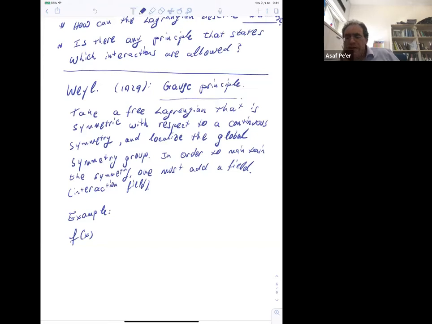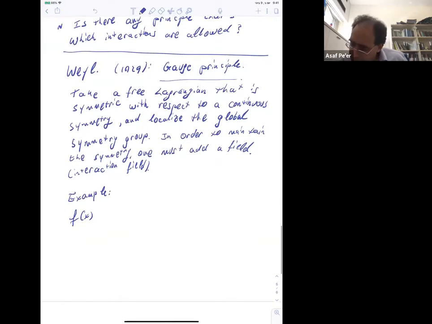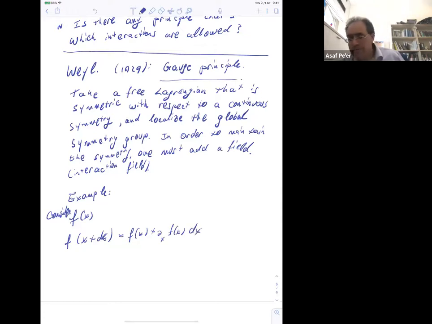Then consider the value of the function at x plus dx. It is f of x plus the derivative of f times dx, plus corrections. So in general, it's not going to be the same value, unless, of course, f happens to be constant.